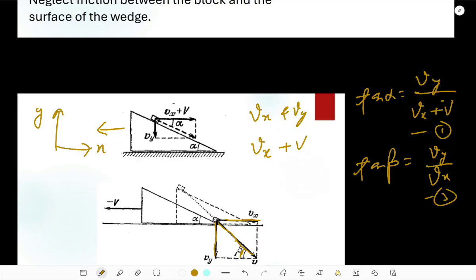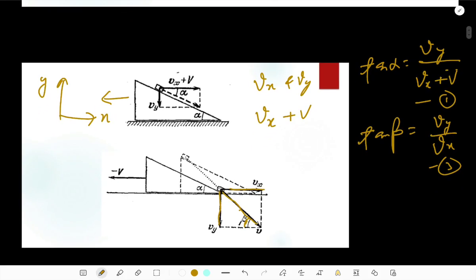This means that the center of mass of the system does not move in the horizontal direction because it was initially at rest. This is an extra statement. You can simply write the momentum conservation and relate it with Vx. Vx is the velocity of the block along the x axis, that is along the horizontal. So m Vx should be equal to M into V, the velocity of the wedge. And this is the equation for momentum conservation.